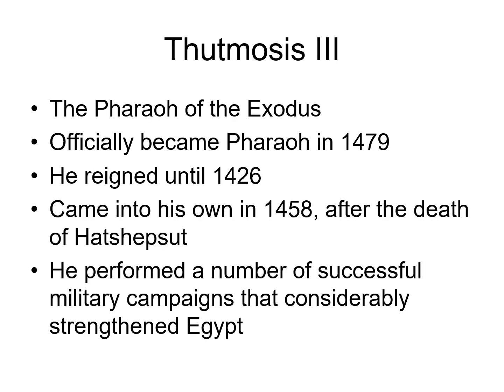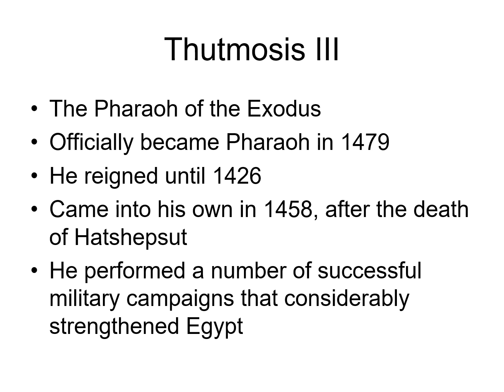So Thutmose III was the pharaoh of the Exodus. He officially became pharaoh in 1479. However, he was incredibly young, and Hatshepsut was the queen regent, and she actually declared herself pharaoh for a while. She's a fascinating person to study, but I'll let you do that on your own.